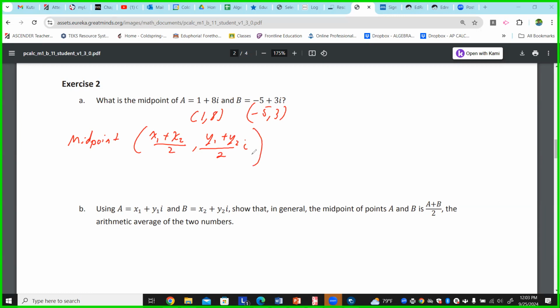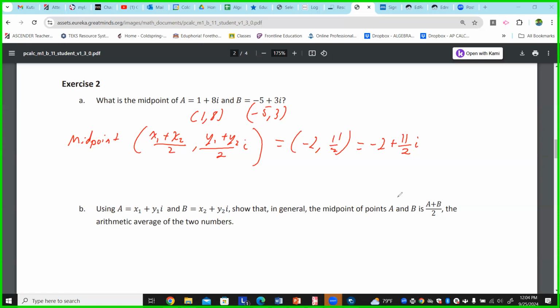So our midpoint after doing this work would be -2, 11/2 i. When we write this out, it ends up being -2 plus 11/2 i. So instead of it being a coordinate, we can make it back into a complex number. So this complex number will be the midpoint of these two complex numbers.